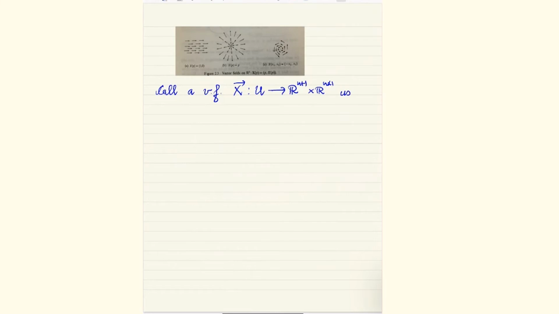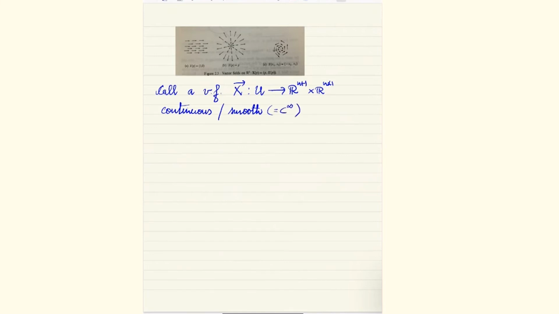continuous or smooth, meaning infinitely differentiable. We'll often write C infinity for this.